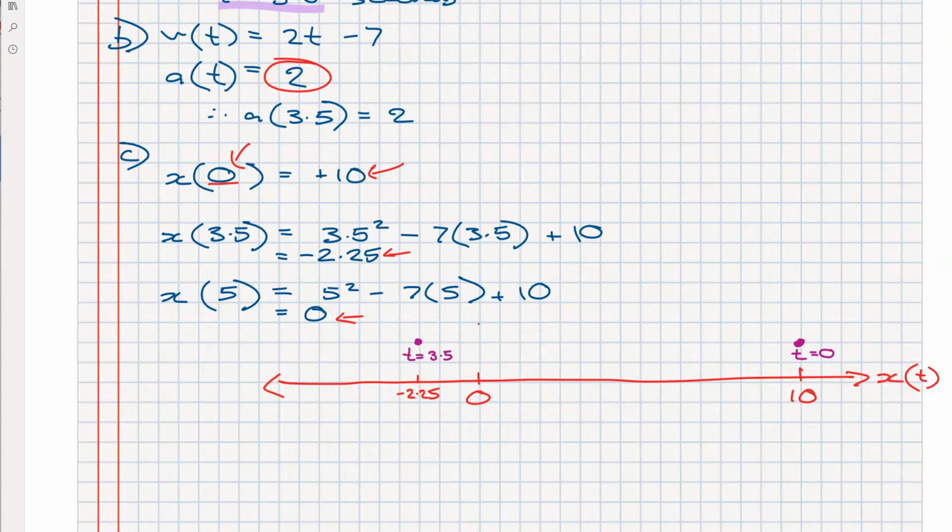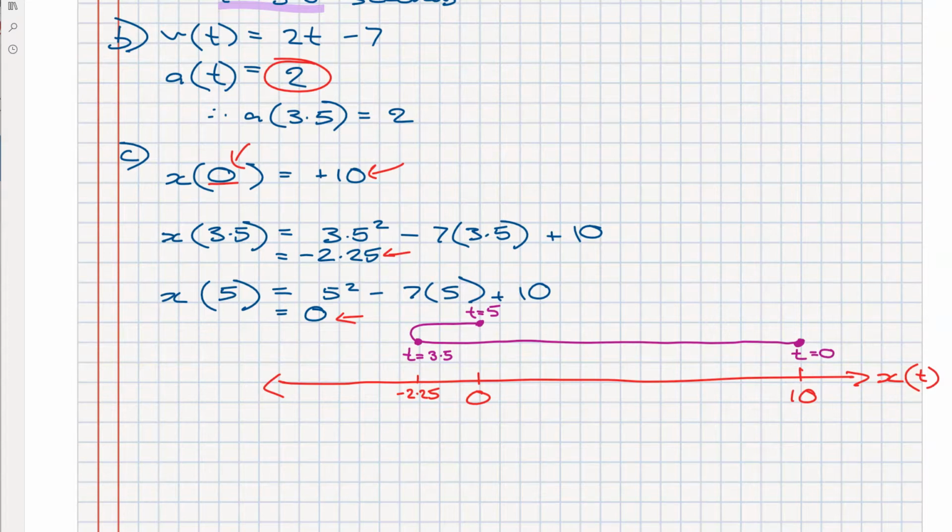And then at t equals 5 seconds, we're over here. So the motion of the particle can be described like this. It moves from the right to the left. Then at t equals 3.5 seconds, it turns around and goes back over here.